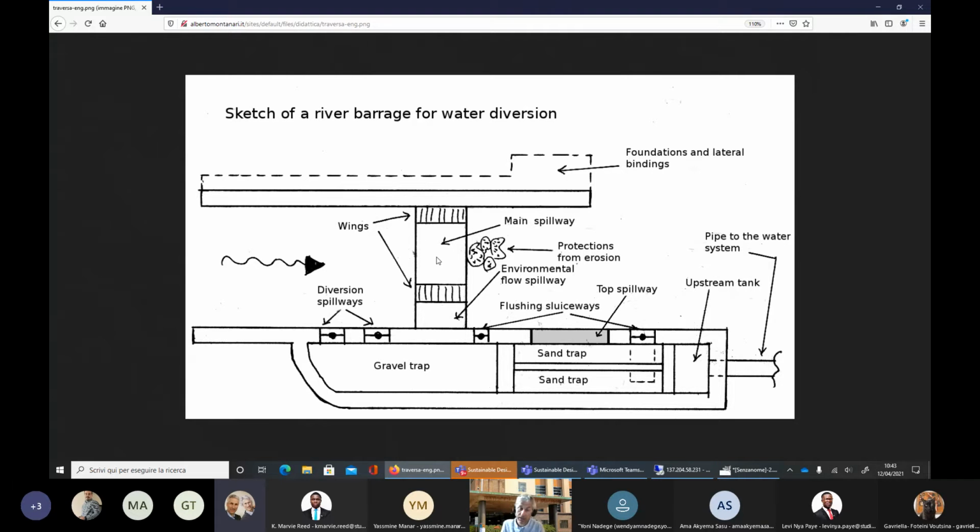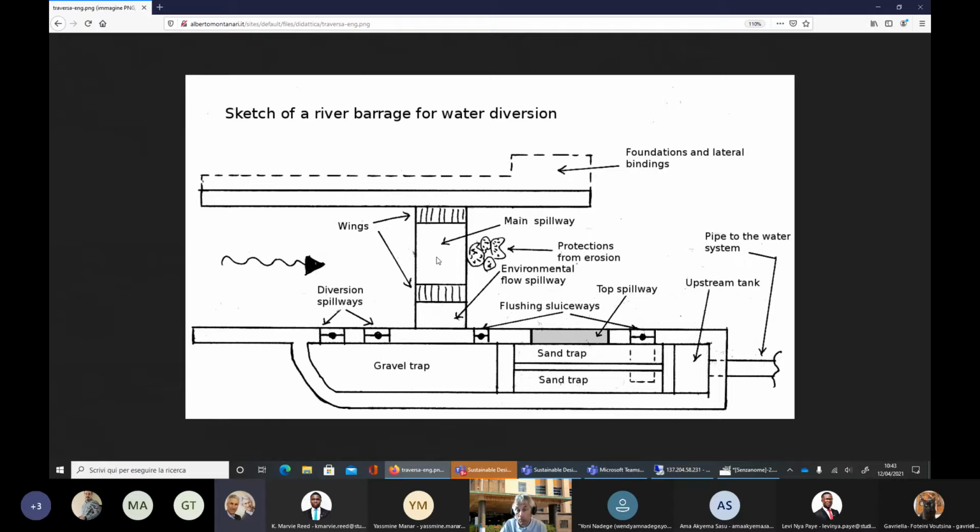So you see that this structure doesn't occupy much room in the transversal direction. Here the structure is articulated along the river. And it's a solution that is frequently used when you have steep hill slopes in order to minimize the disturbance, the impact on the hill slopes themselves.